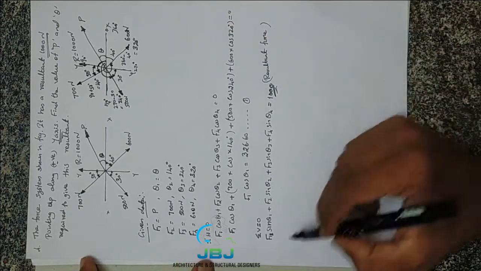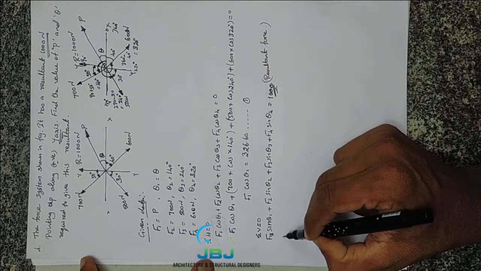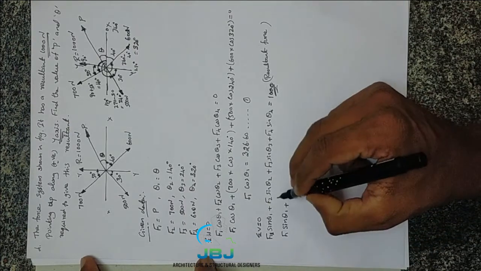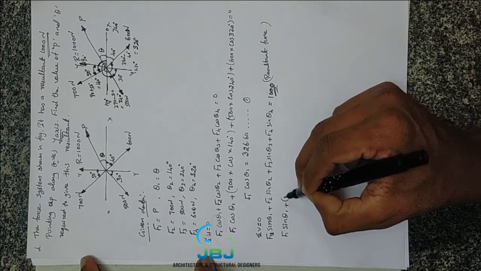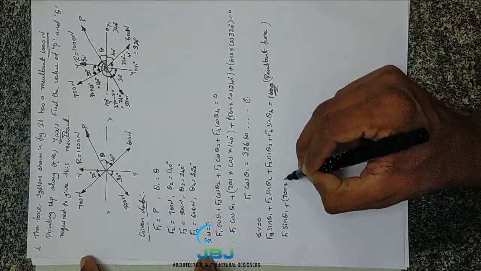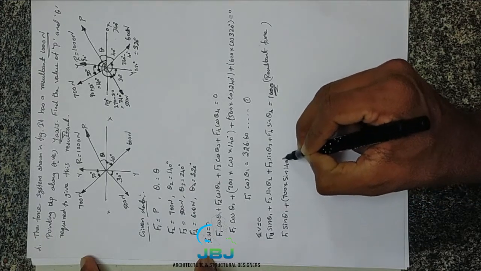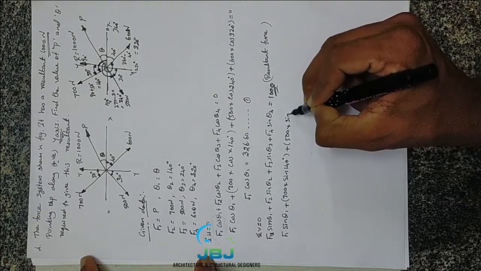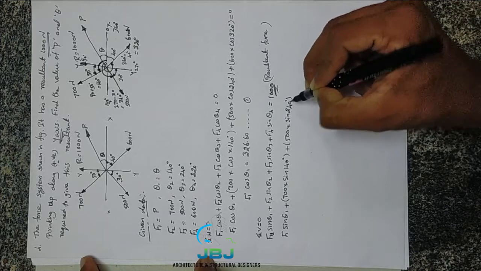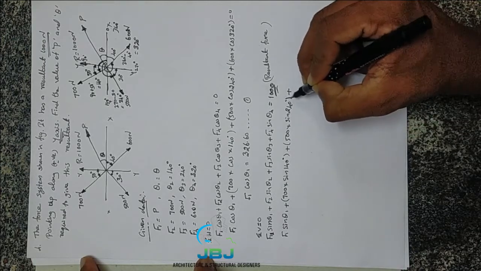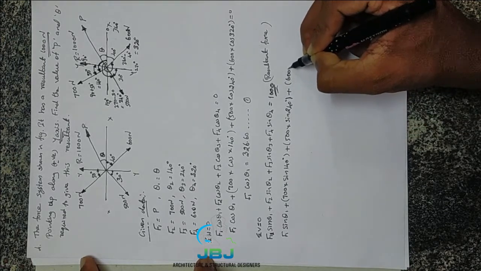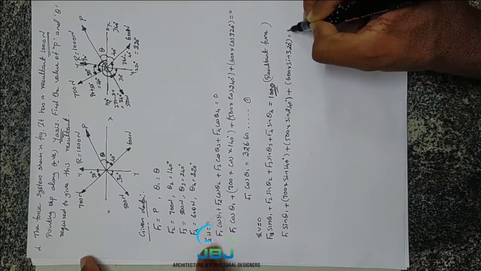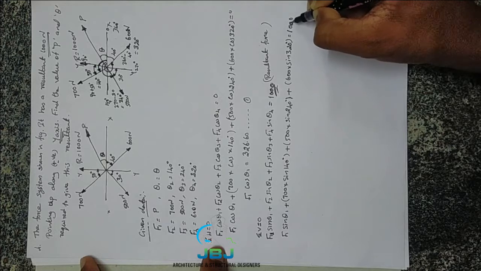Then do you know the value of F1? You don't know, so F1 sin theta 1, you don't know the value of sin theta 1. Then you know the value of F2: 700 into sin 140 degree plus 500 into sin 240 degree plus 600 into sin 320 degree equal to 1000.